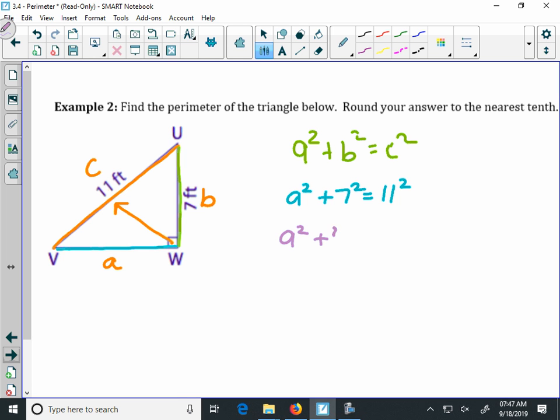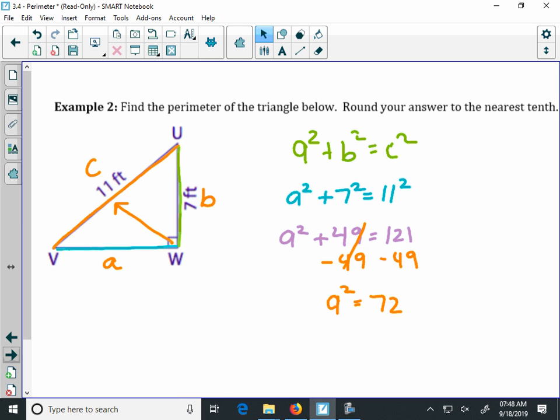What's 11 squared? 121. And what do we have to do with 49 to get a by itself? Subtract it. 121 minus 49. What is 121 minus 49? 72. What do we have to do to both sides? Square root. Here's the thing, and this is going to help us with what we are doing here in a second.